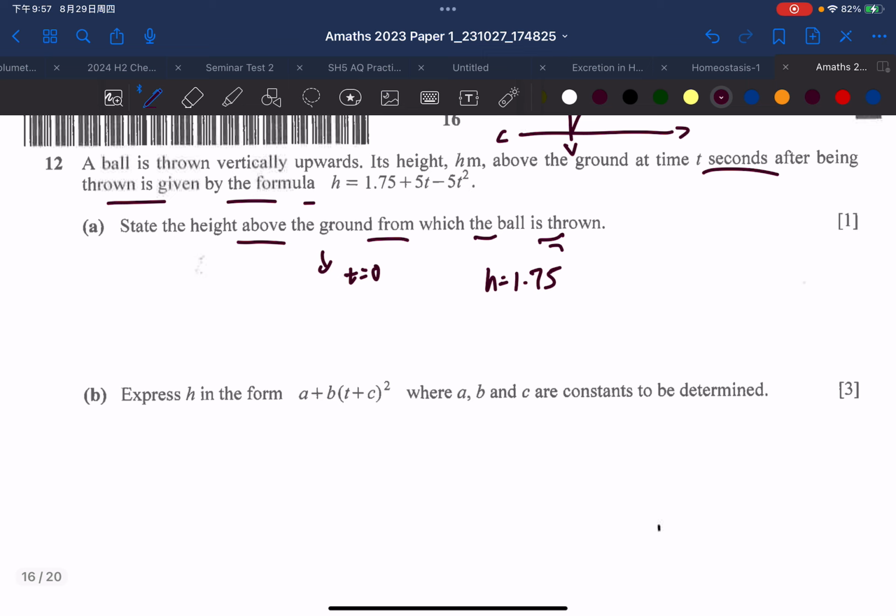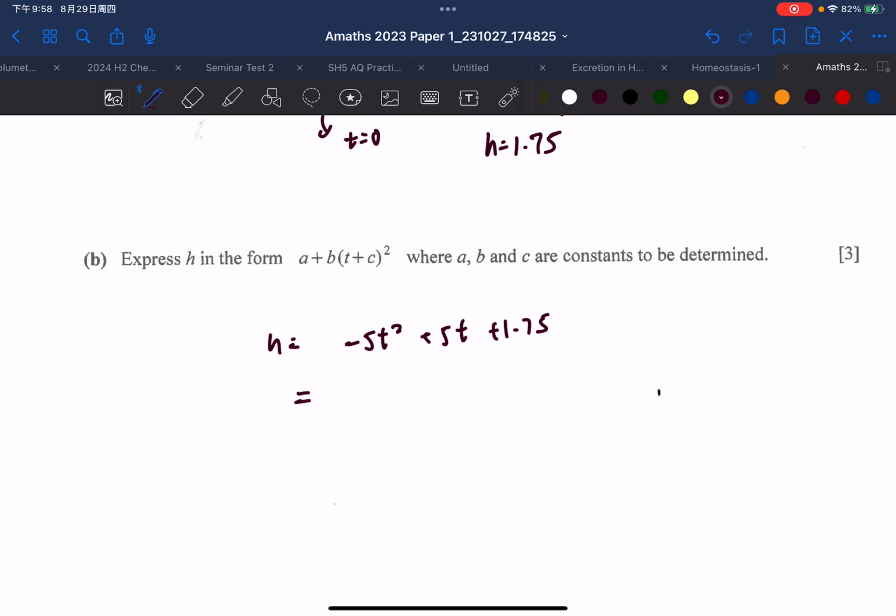They want you to express this, so basically they just want you to complete the square. So okay, maybe I should recap on completing the square so you don't forget. For A math, completing the square, the first thing that I will do is I will take out everything.